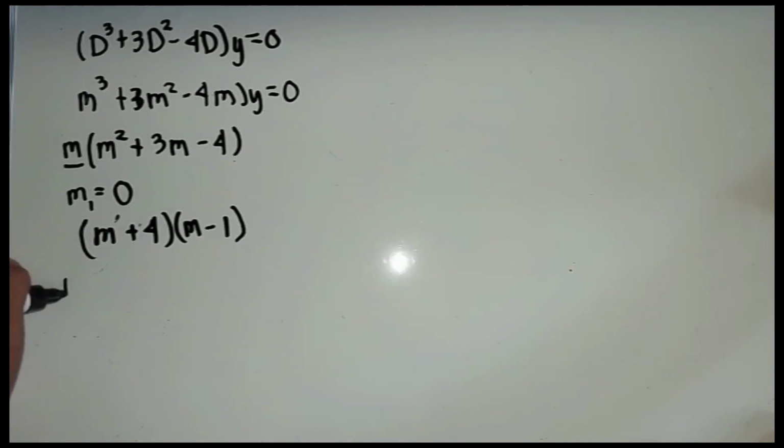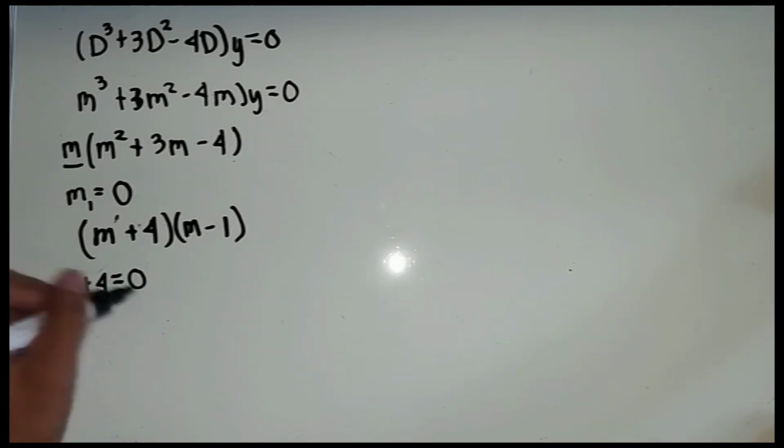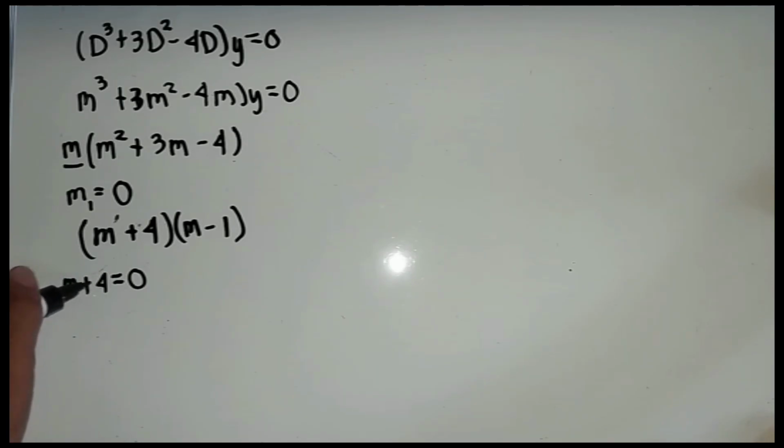So m plus 4 is equal to 0. In order to get the value of m, we transpose it to the other side, and it changes the sign. So we have m is equal to negative 4.